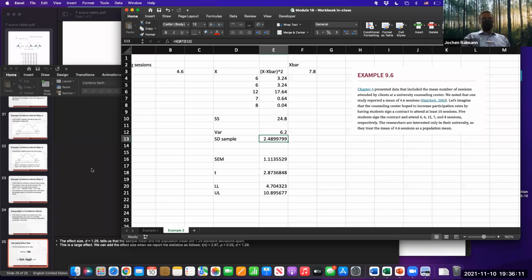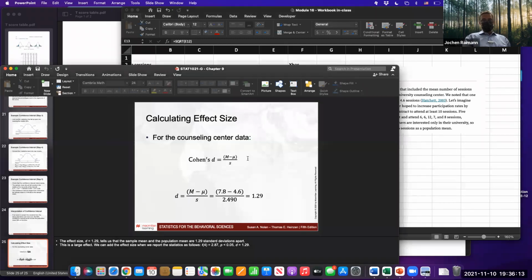You take the standard deviation, you get Cohen's d, and this allows you to quantify the effect size with the same grading scale as we had for the z test. So 0.2, 0.2 to 0.5, 0.5 to 0.8, 0.8 and greater. Okay. Any questions?